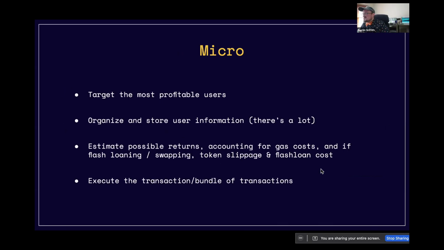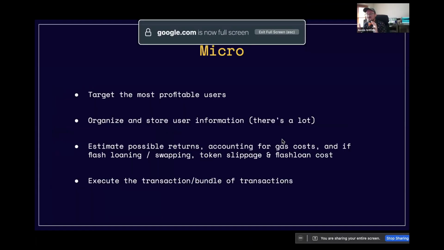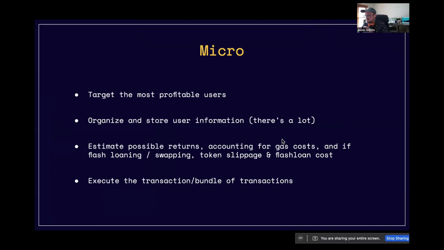Could we zoom out just for a second? Usually when you're in the weeds, it's really hard to remember to zoom out a little bit. But just to hit on some points from a high level, AAVE is a lending platform, and if you want to borrow something, you have to put up collateral. So you put in some collateral and you get to borrow something else, and that collateral stays in the system.